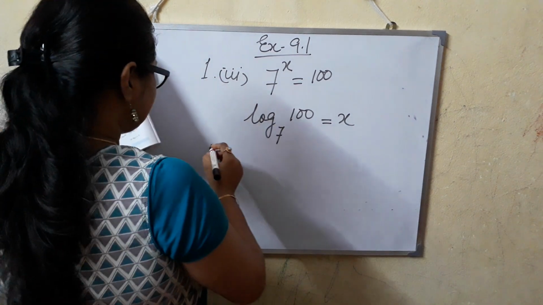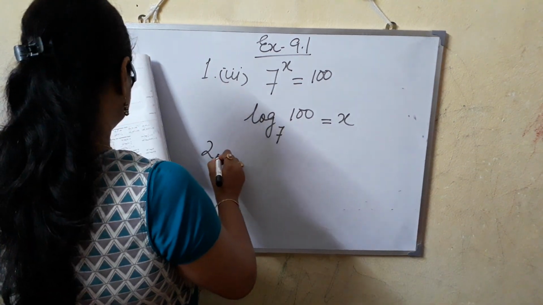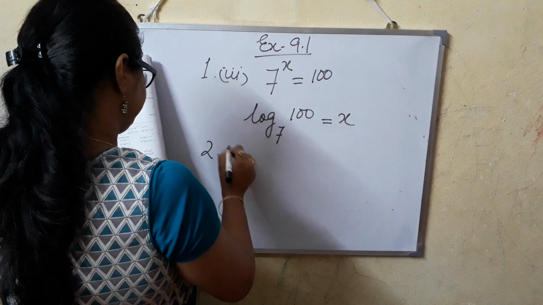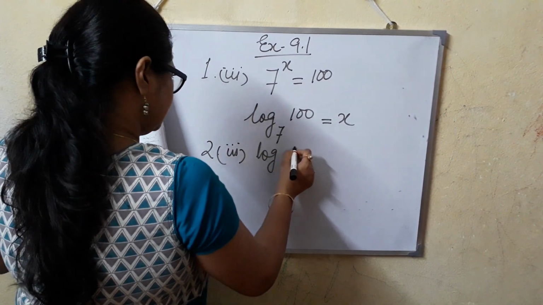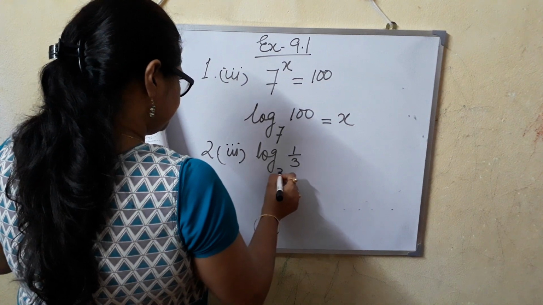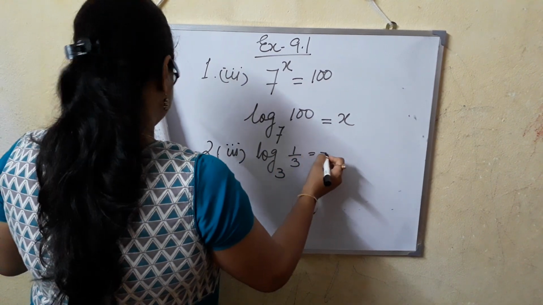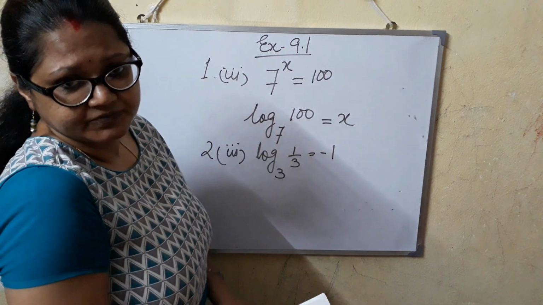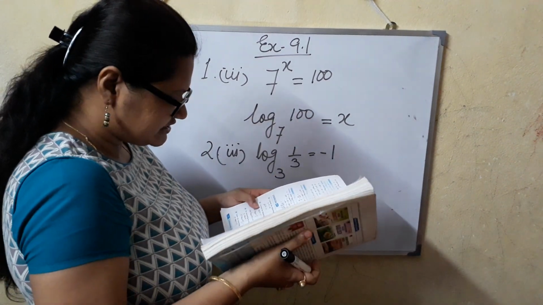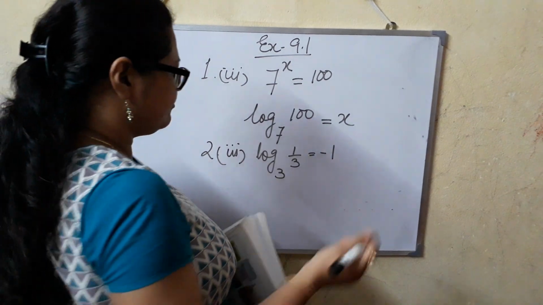Okay. Next, just the opposite one. Question number 2 is number 3. Here, log of 1 by 3 to the base 3 is equal to minus 1. That means this is the logarithmic form. They have told you to express or convert this in exponential form. Very simple.